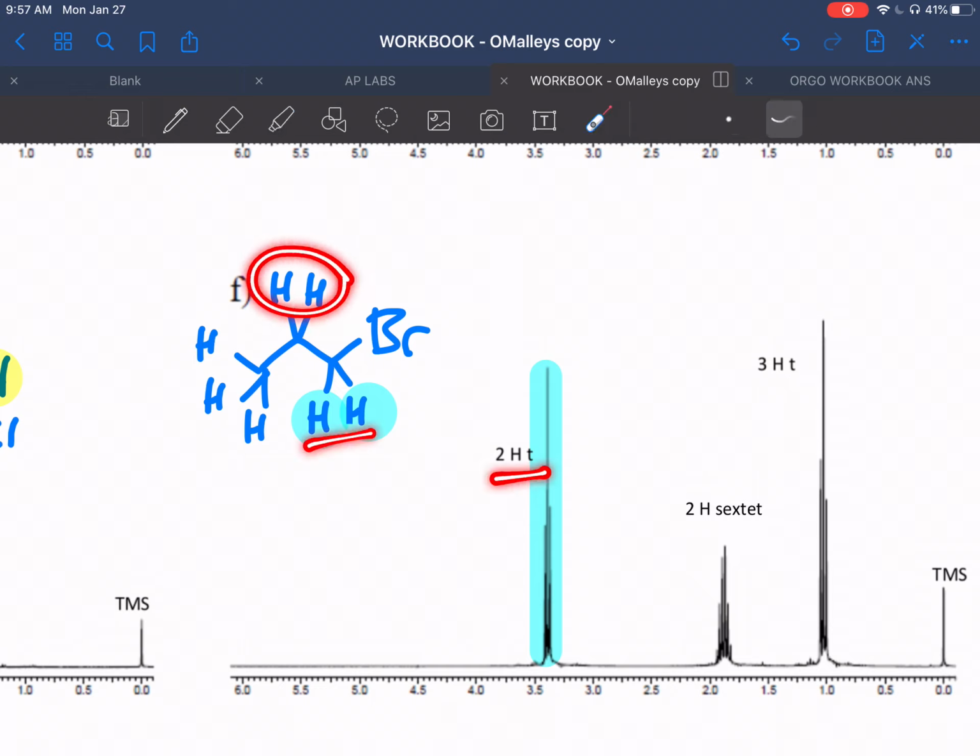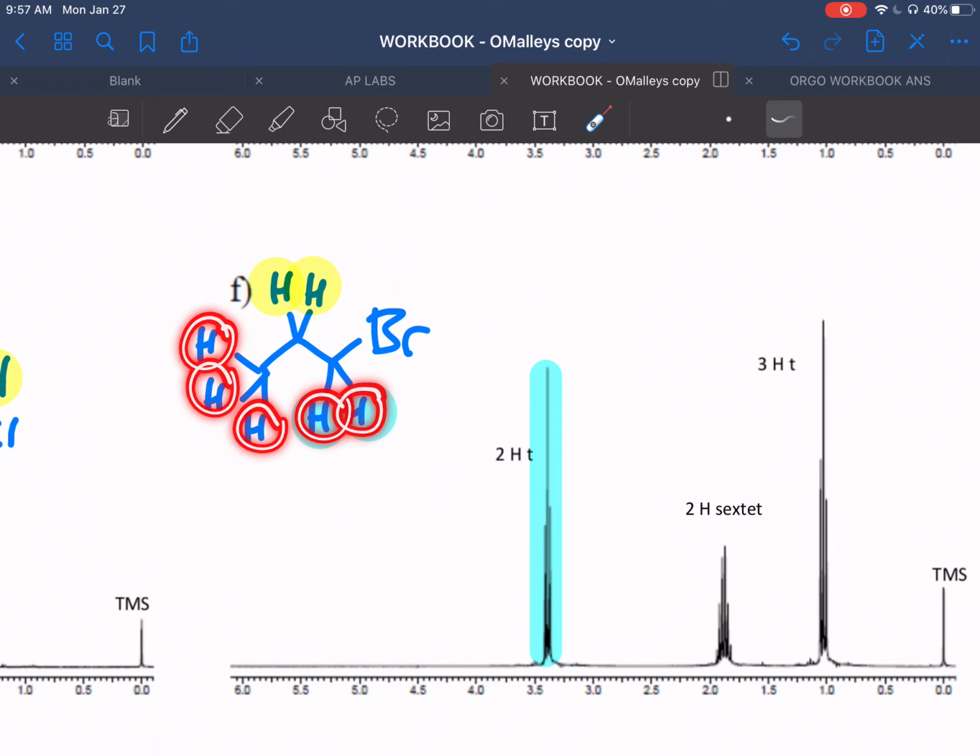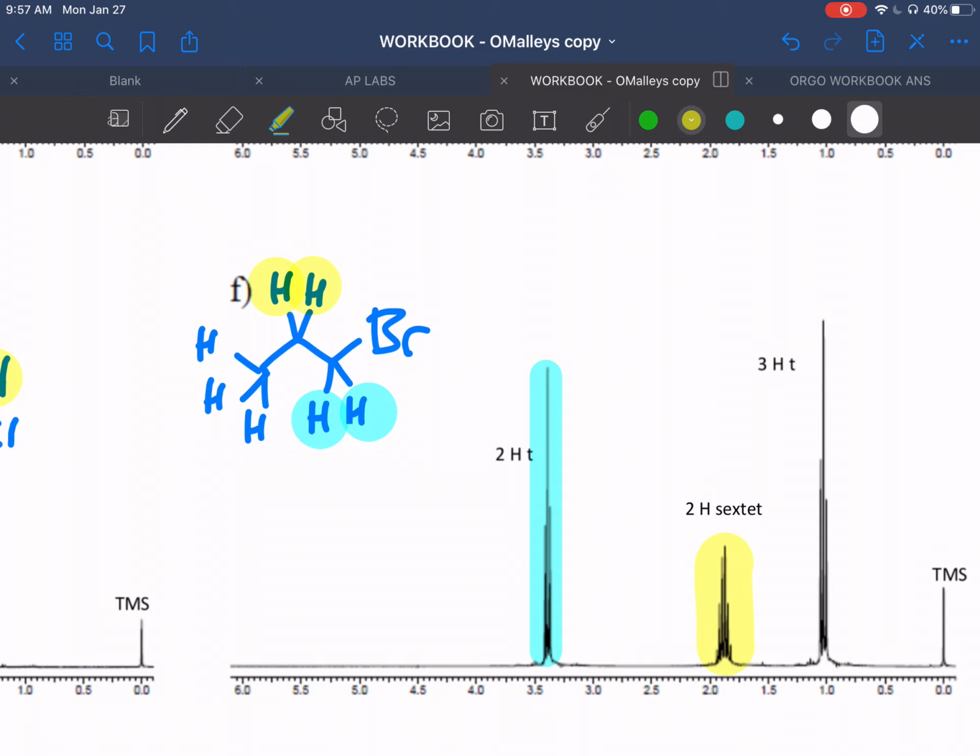It's also got 2 neighbors, so it's split into a triplet. Next to that, we've got 2 other H's, which are a little bit farther from the bromine, so not quite as electron poor, and they have a total of 1, 2, 3, 4, 5 neighbors, so the n+1 rule in this case gives us 6, and you get what's called a sextet. So then that would explain the sextet.